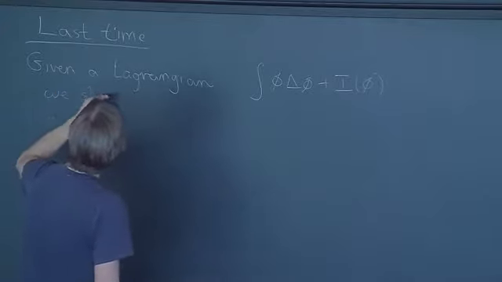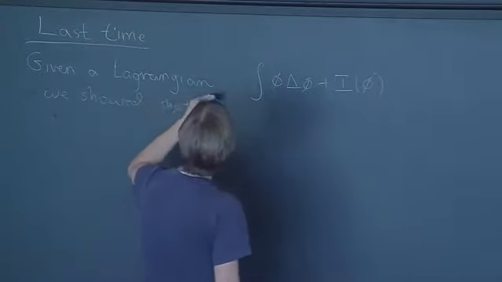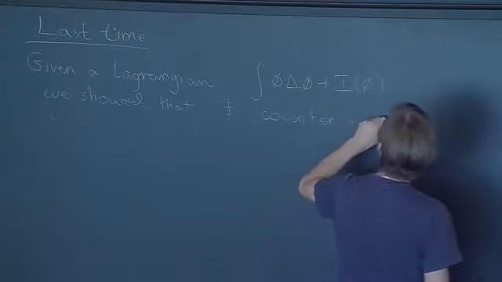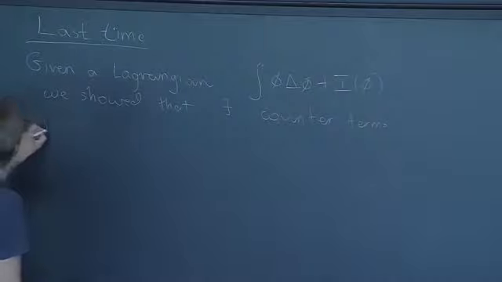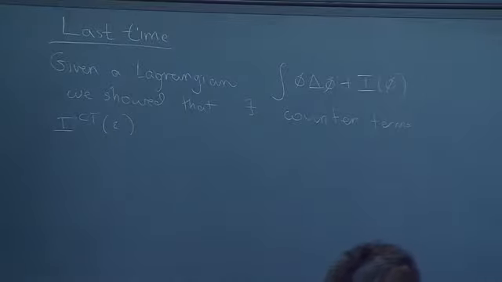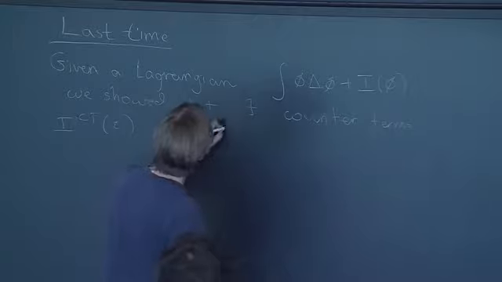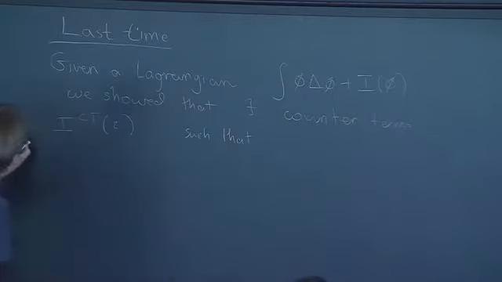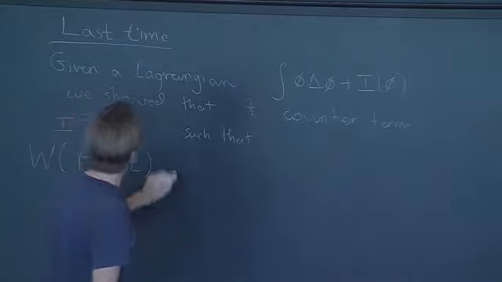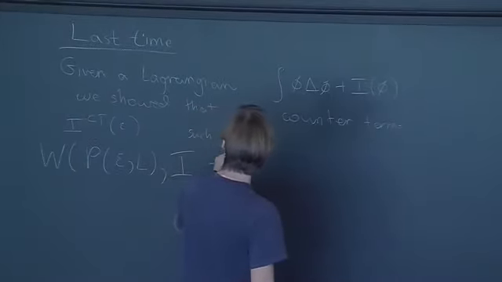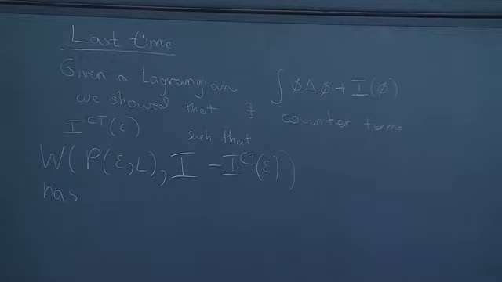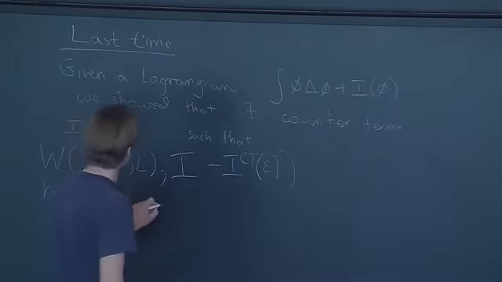We showed that there exist counterterms such that when we take the sum of all of the Feynman amplitudes, it has an epsilon to 0 limit.